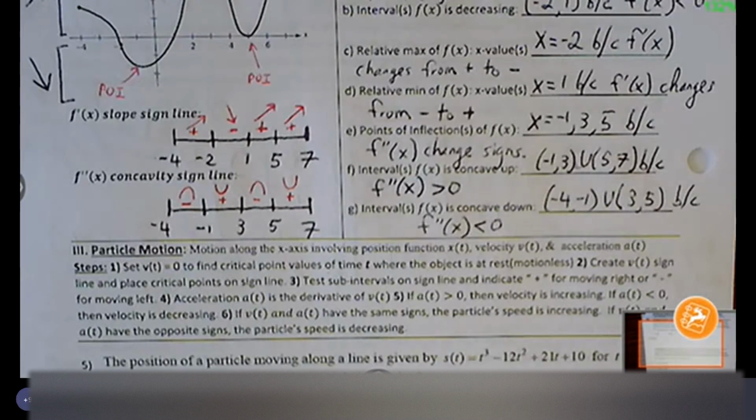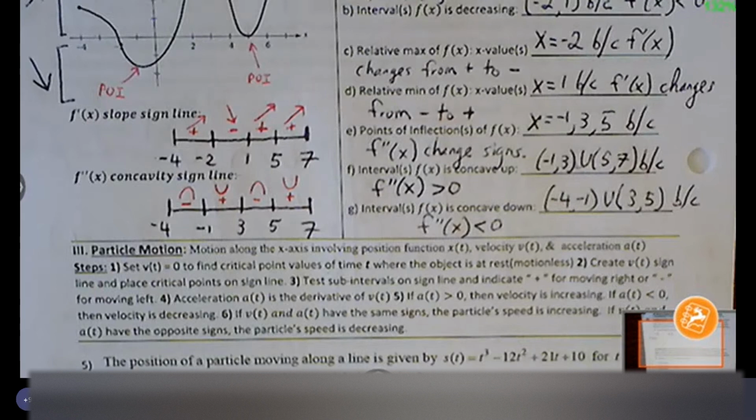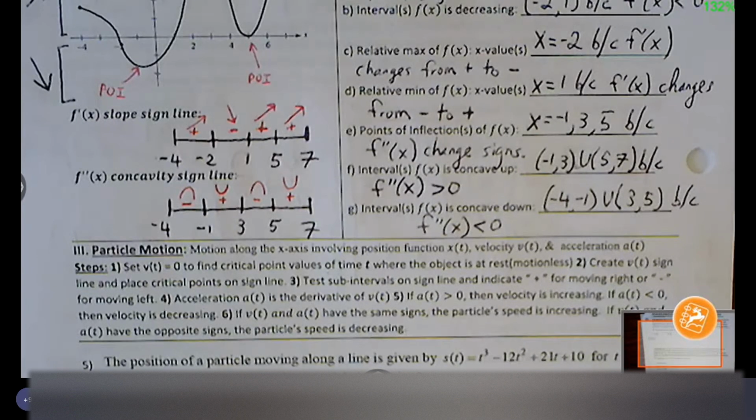Instead of f prime, we're going to call it velocity function. Instead of increasing and decreasing, we're going to call it positive or negative, and we're going to associate positive velocity with moving to the right, and negative velocity with moving to the left. We're still going to find the second derivative function, but instead of calling it f double prime, we're going to call it acceleration.